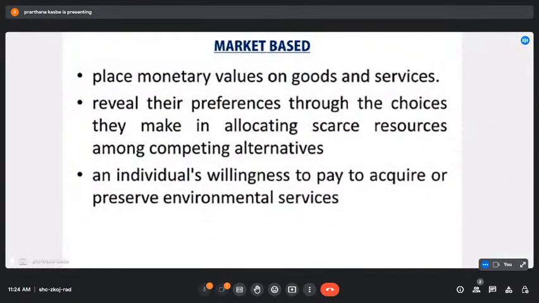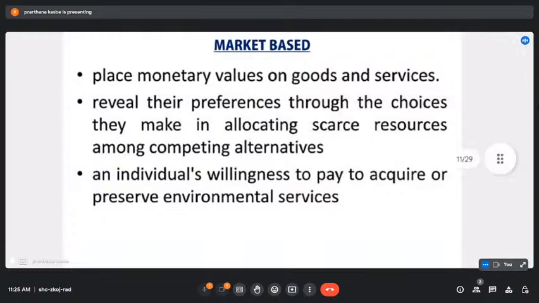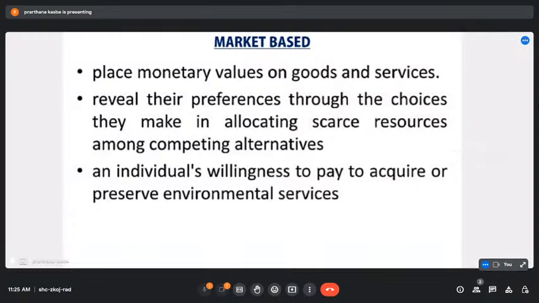Market based places monetary values on goods and services. People reveal their preferences through the choices they make in allocating scarce resources among competing alternatives, and an individual's willingness to pay to acquire or preserve environmental services.